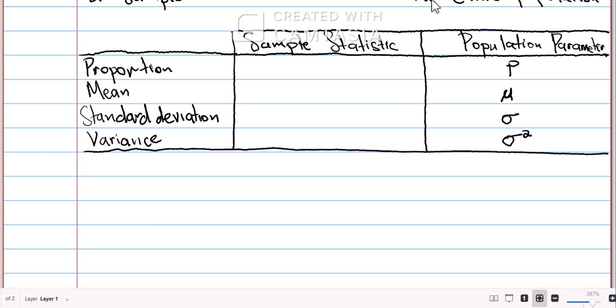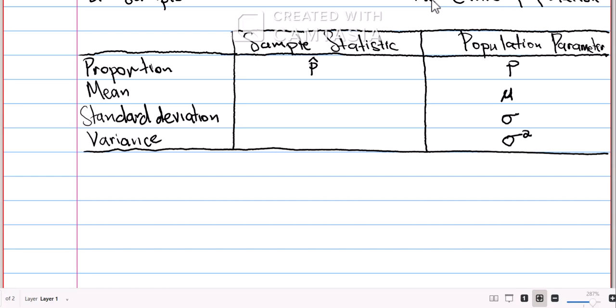Then for the sample, we use these sample statistics, which are as follows. The proportion is P with a hat on top. For the population, you don't have the hat.